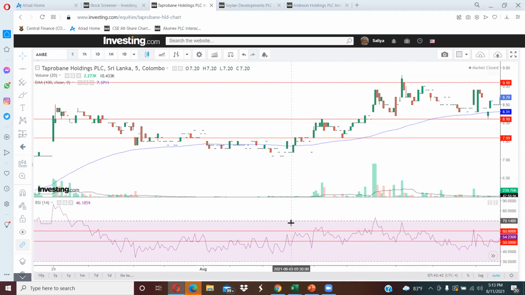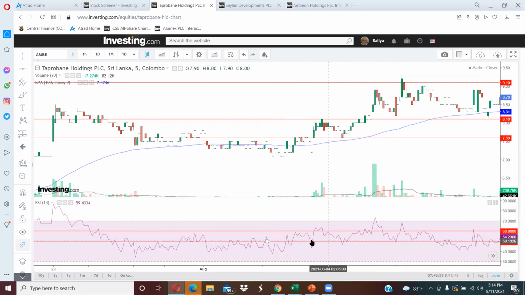Now the reason we are waiting within this 50 and 60 is because at this point we will understand how the higher low formation is going to take place. Number two, the volumes, right?